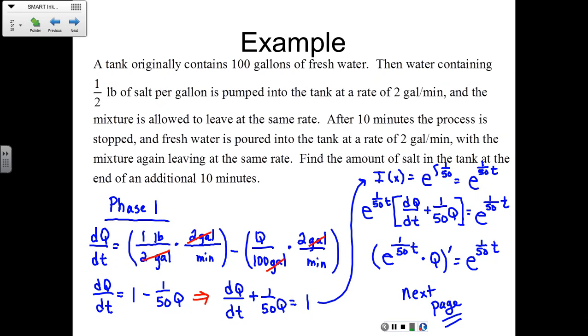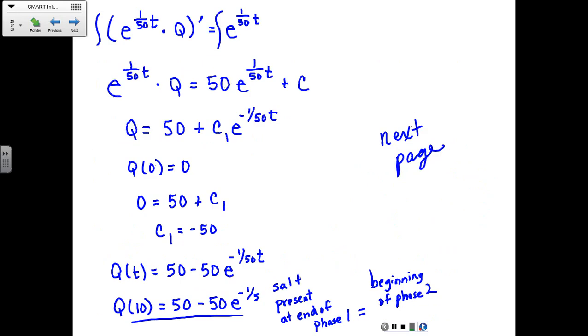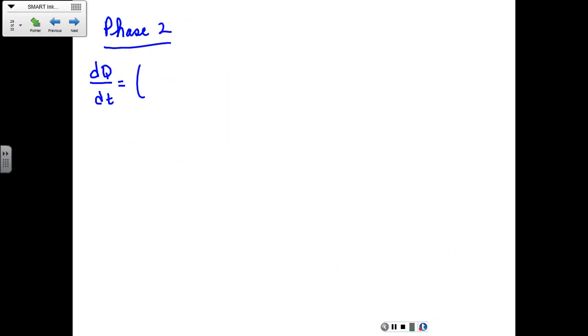Fresh water is going to start being pumped in. No salt. So 0 pounds per gallon times 2 gallons per minute. So the rate of salt entering is going to end up being what? 0 on this one. It's going to be an easier equation to solve too, by the way. A lot easier.